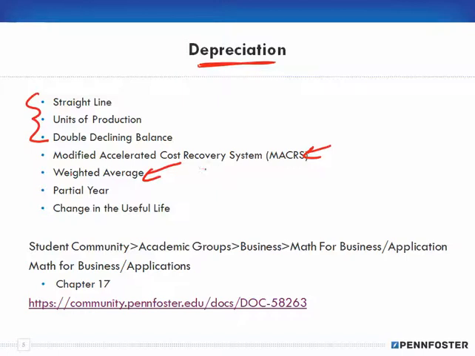Just be aware that if you are in the accounting curriculum, and this is the reason why I put it in there, when you get to intermediate accounting, the weighted average method will be covered. And for anybody else, like business management or marketing people, just be aware that the weighted average will be used in a lot more complicated situations.